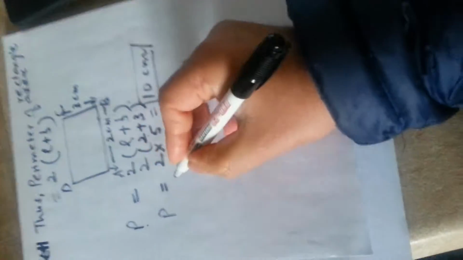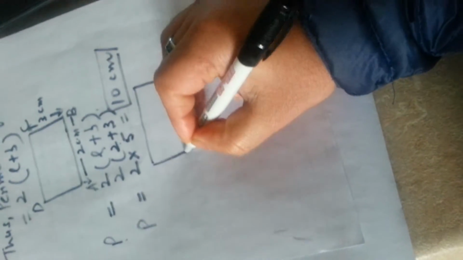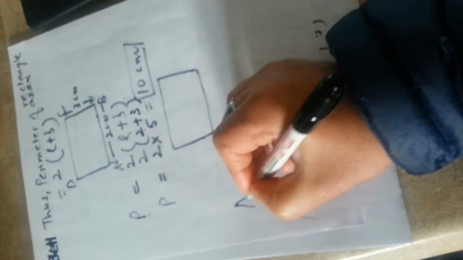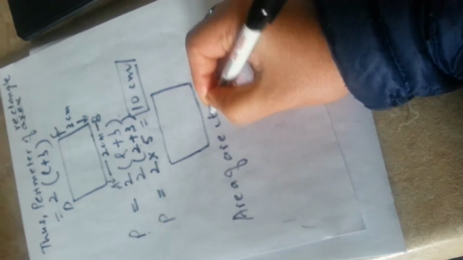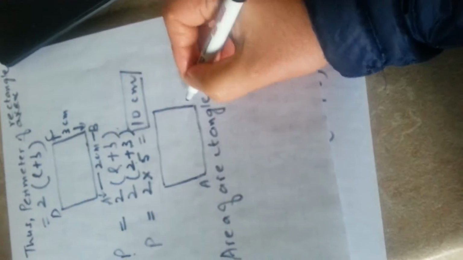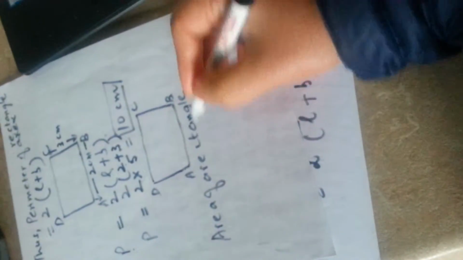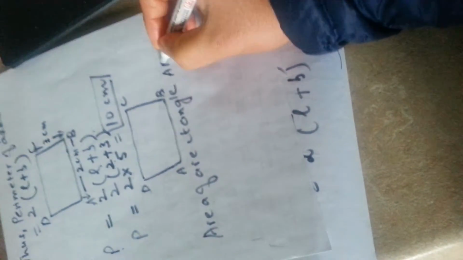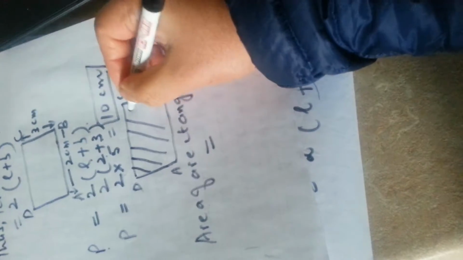Now, if you need to find out the area of a rectangle, what do you mean by area? Let us suppose we are given a rectangle ABCD, and if I want to find out the area of rectangle ABCD, it should be equal to the area of that shaded portion.